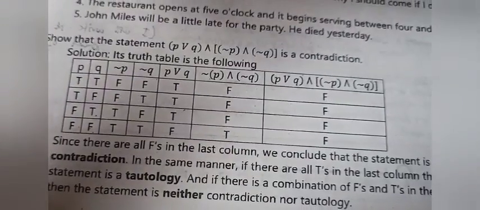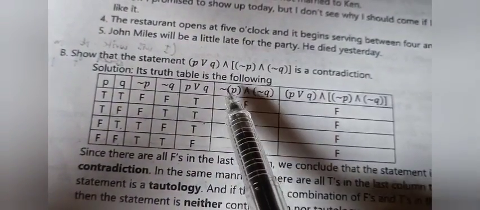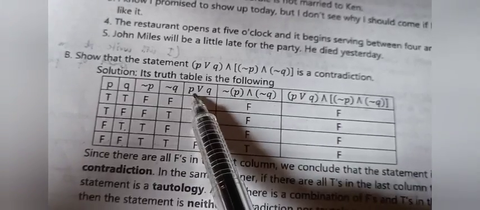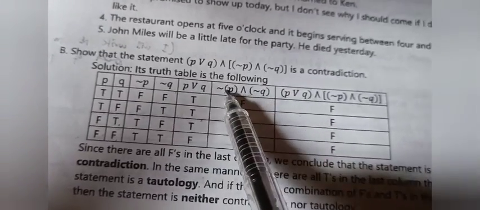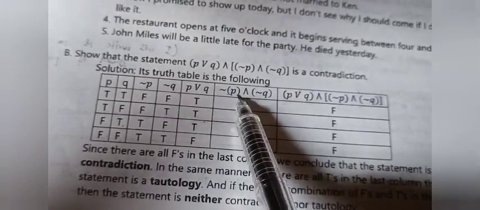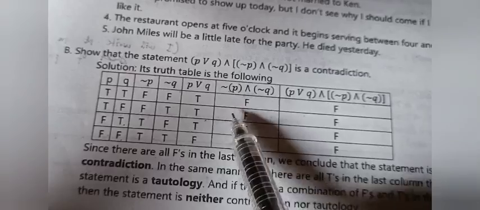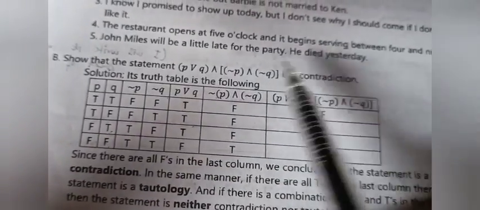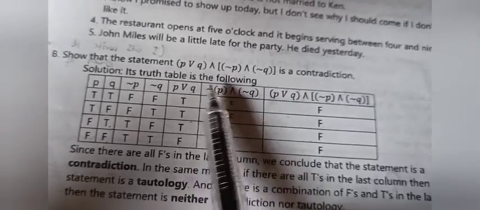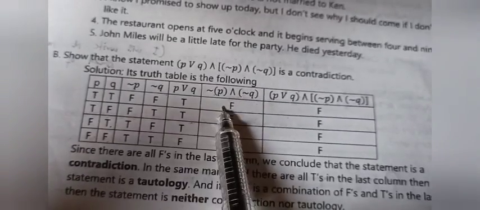On this part, it is only the opposite of this part, because this is not P and not Q. You can see here they are all true, so it becomes false, and the false becomes true. On this part, we only look at these two columns of the table.